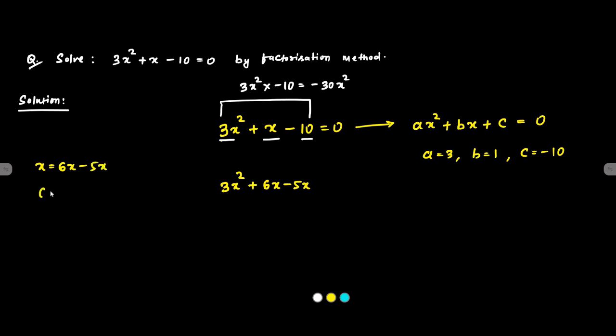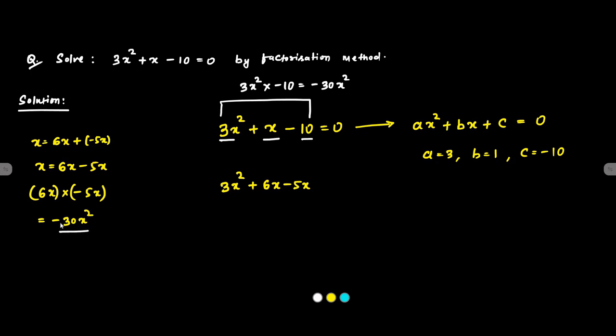Now what is the product of these two values? That is 6x into −5x. Always remember to include the sign. So 6x into −5x is equal to −30x².